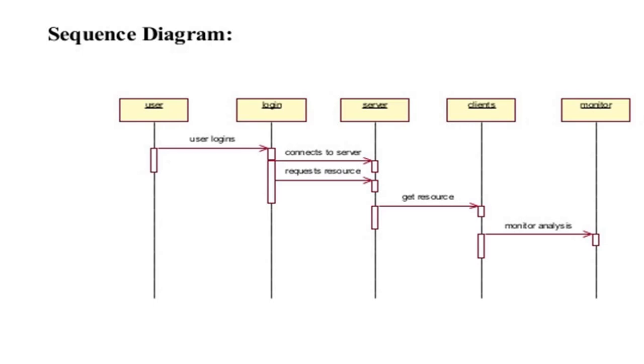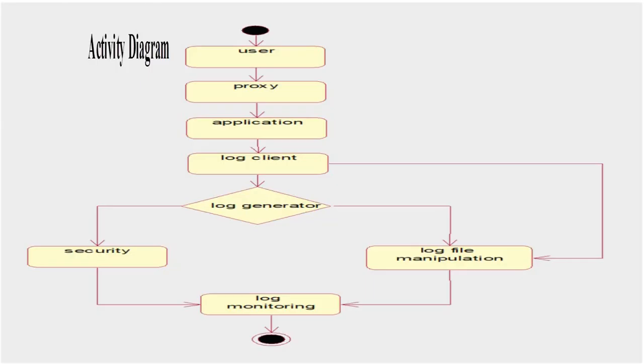Here is the sequence of how exactly the output runs. The user first logs in to the site server and connects to the server, requests a resource, then the server gets the resources, and the client gets monitored and analyzed on its set monitor.